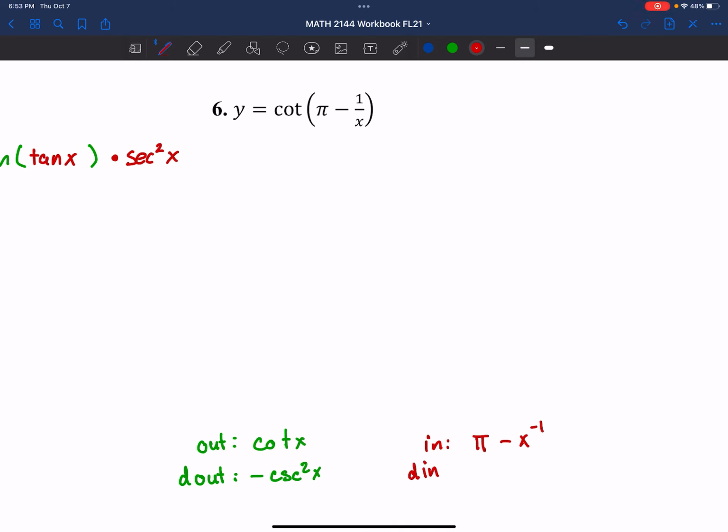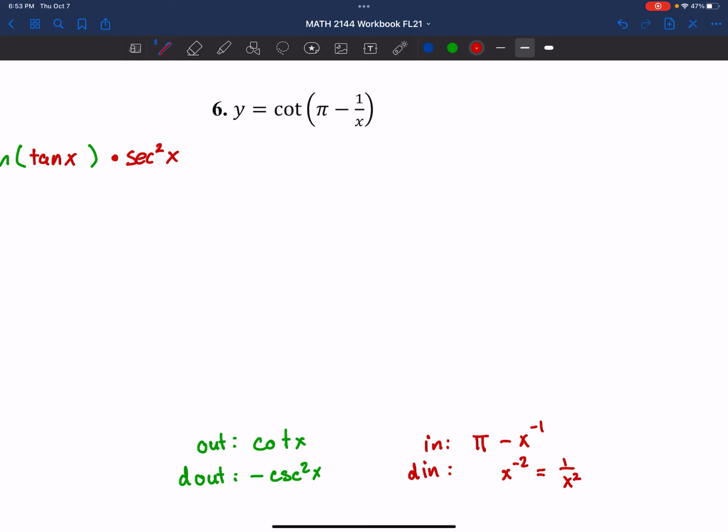Then the derivative of the inner function is going to be, careful here, the derivative of pi is 0, so I just won't write it. Then we would have x to the minus 2. Of course, x to the minus 2, you could also write this as 1 over x squared.